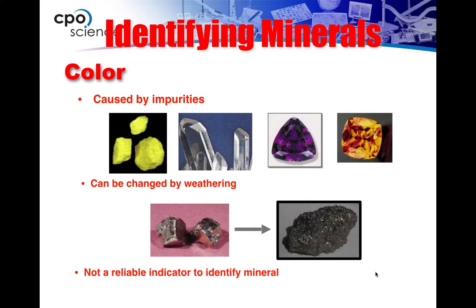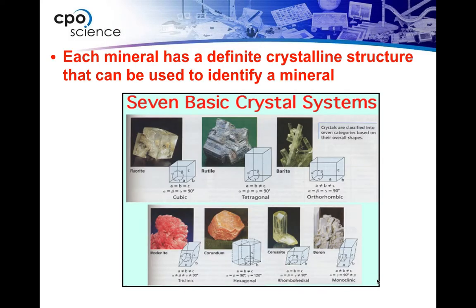So color is usually not the most reliable indicator to identify a mineral. We look at it first, but it's not probably the best thing to use if you are trying to identify a mineral.